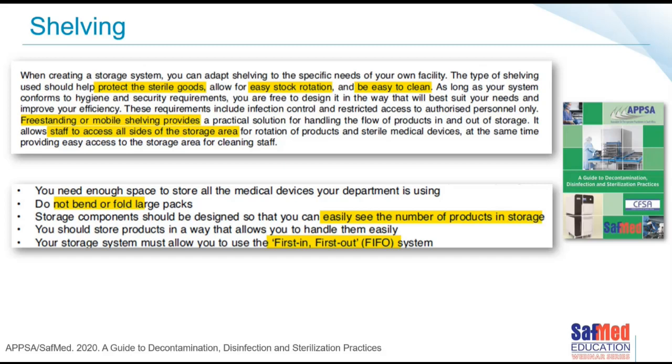These requirements include infection control and restricted access to only authorized personnel. Freestanding or mobile shelves can be a practical solution, depending on your circumstances, and it can often allow staff to access from all sides of the storage area and hopefully help facilitate rotation of your products.